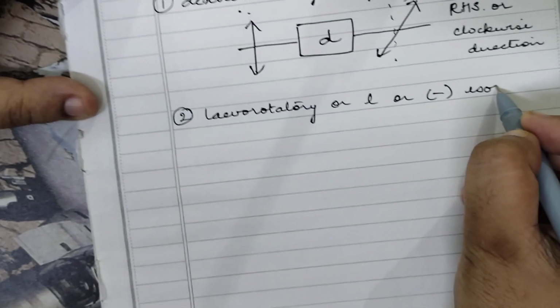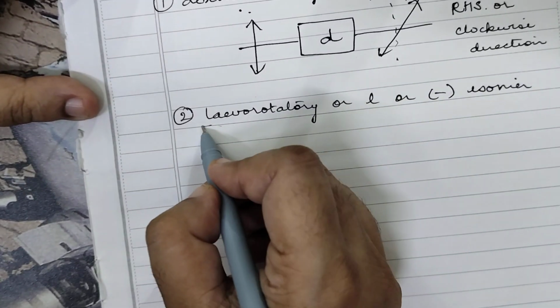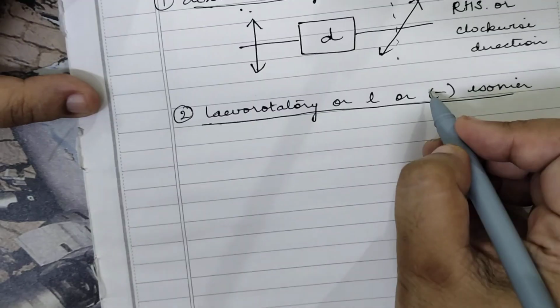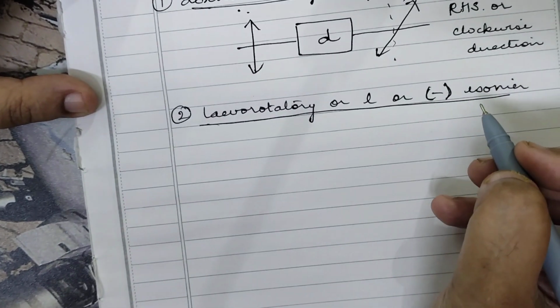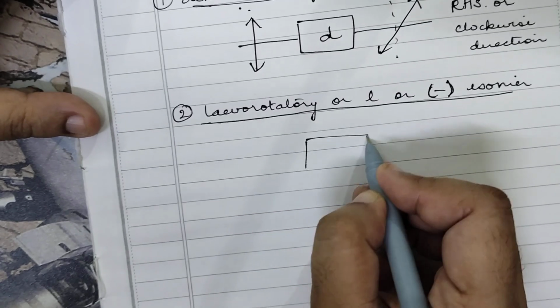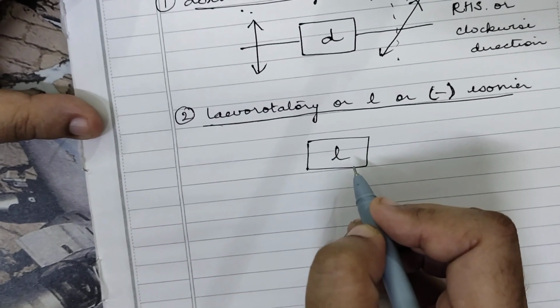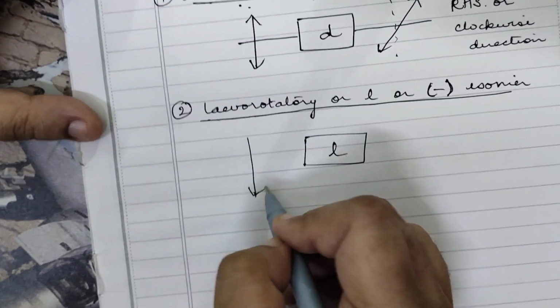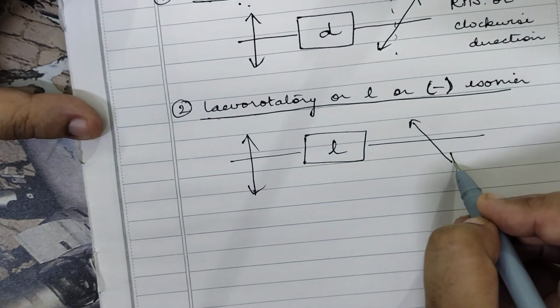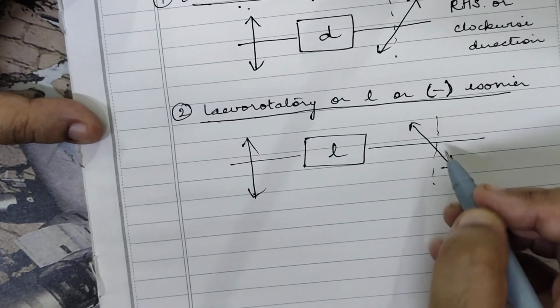Another is levorotatory or L or minus isomer. So minus has to be written within bracket. So levorotatory or a small l. So if the compound is a small l, that is levorotatory, then it will rotate the plane towards left hand side. This was the original direction of the plane.